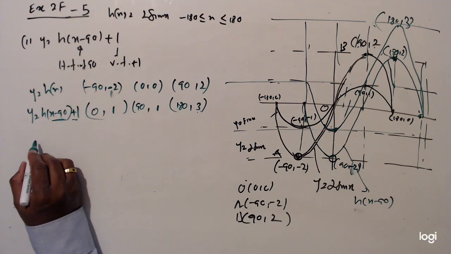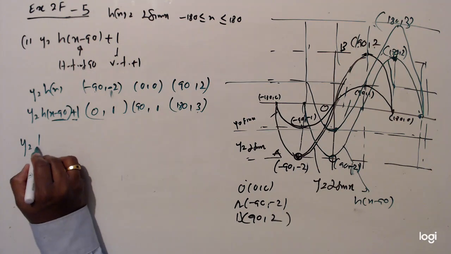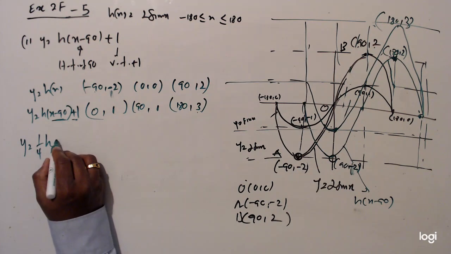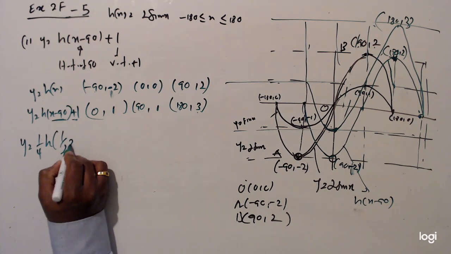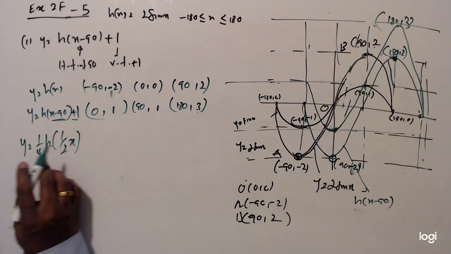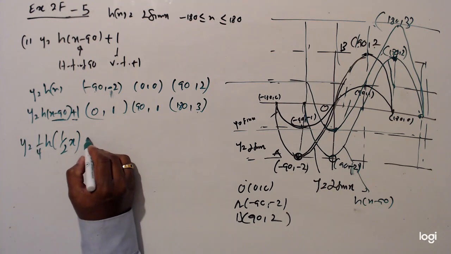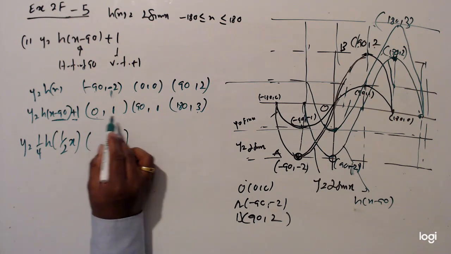The other one is y equal 1 over 4 h(half x). So h(half x) is a horizontal stretch with the scale factor 2. So we have to multiply all the x values by 2.